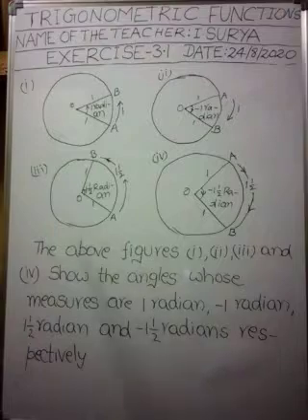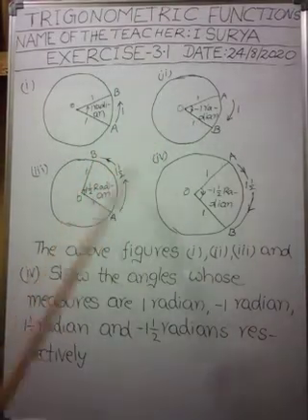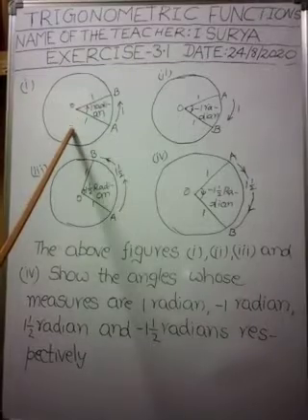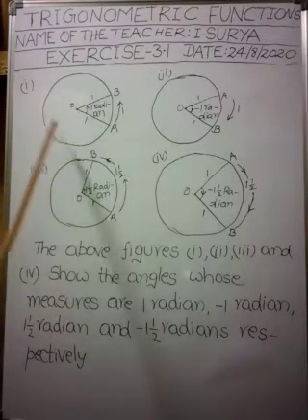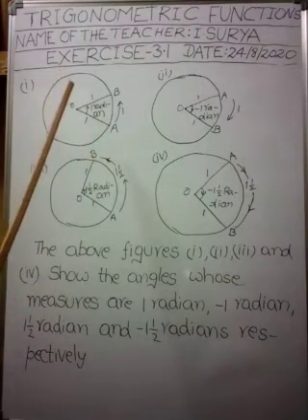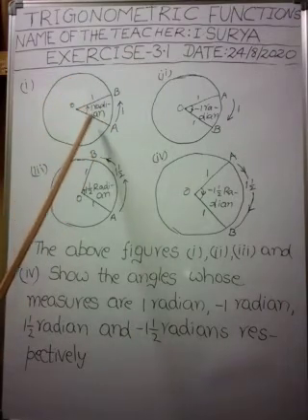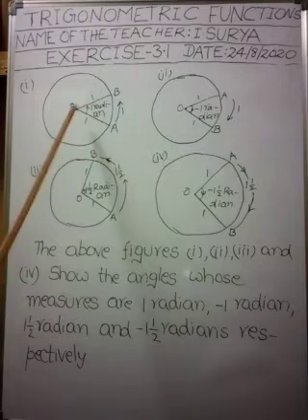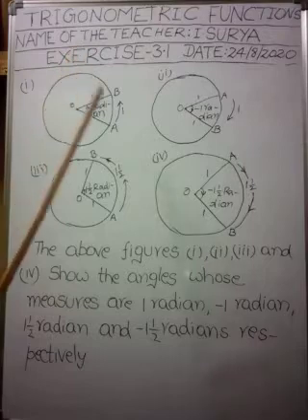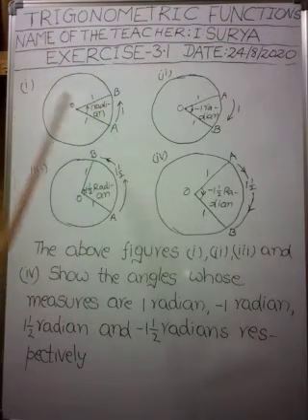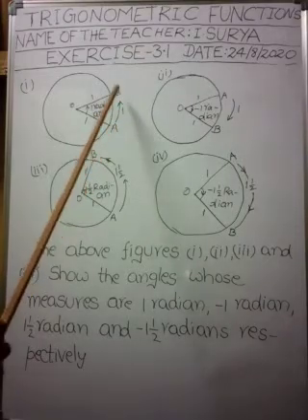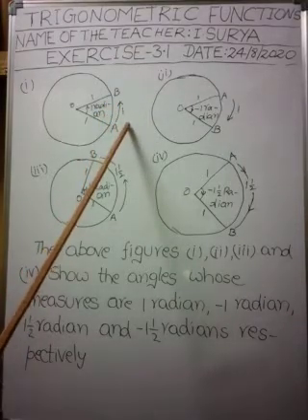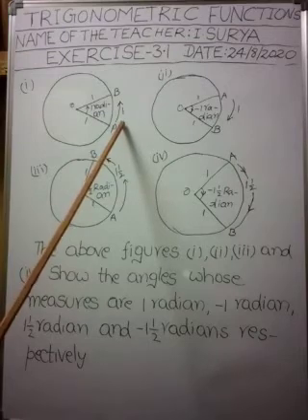Now observe these four diagrams, my dear children. See the first diagram. This is a unit circle. Unit circle means the radius of this circle is 1 unit. So OA is a radius and OB is also a radius, 1 unit. Now the length of the arc AB is also 1 unit.